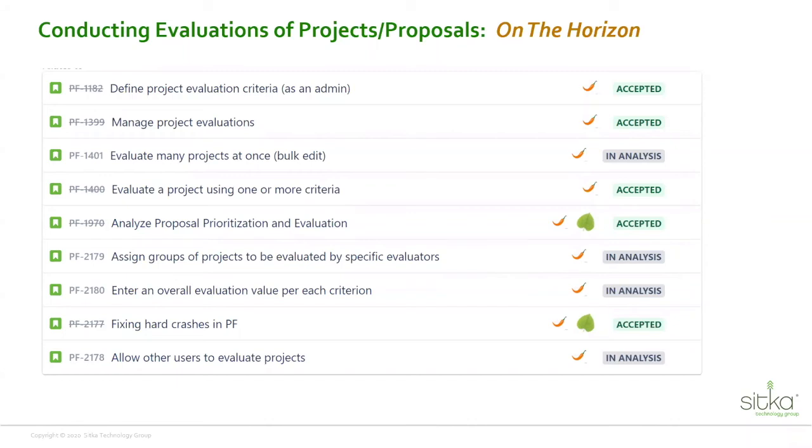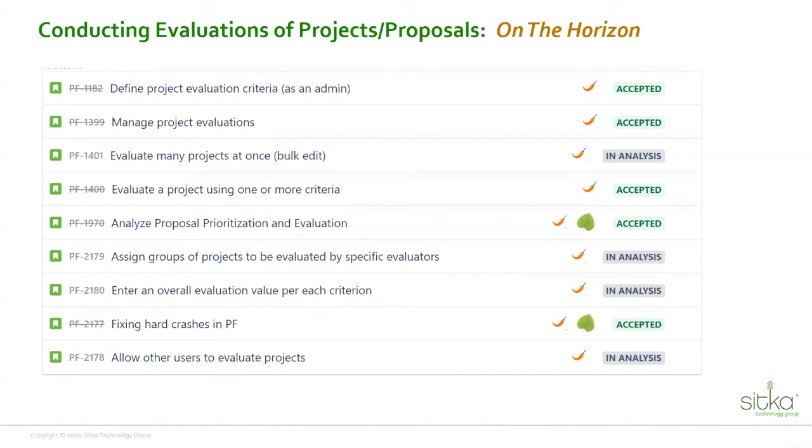And so you could create your local technical review team group or whatever, and they would provide an evaluation of the projects. And then finally, because we would be having multiple people evaluating a single project, maybe even according to multiple criteria, we would want a way to allow entry of an overall evaluation value for each criterion.